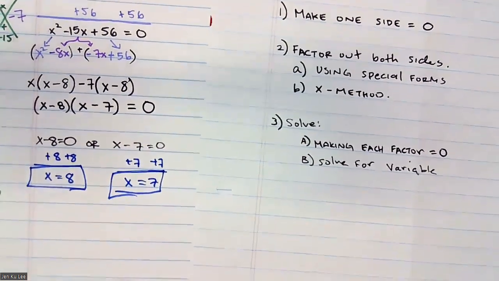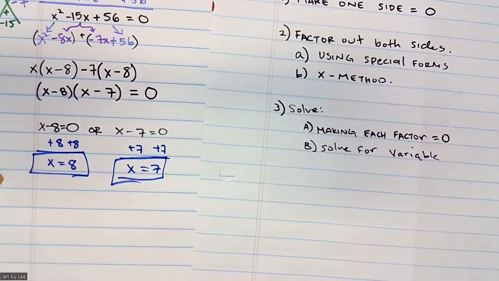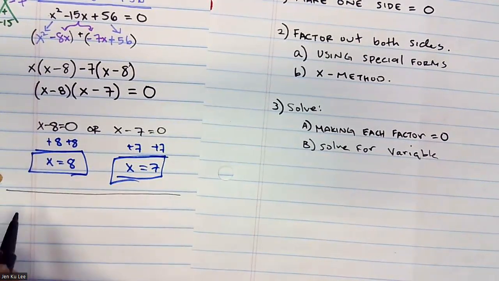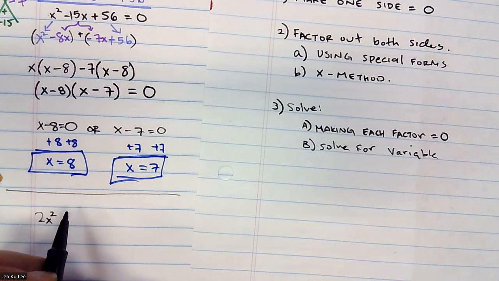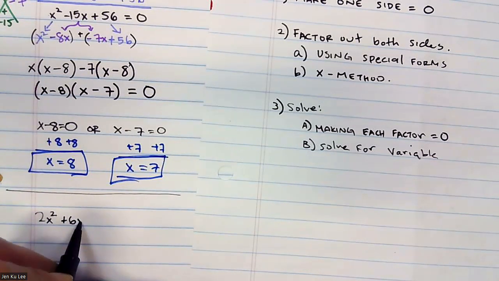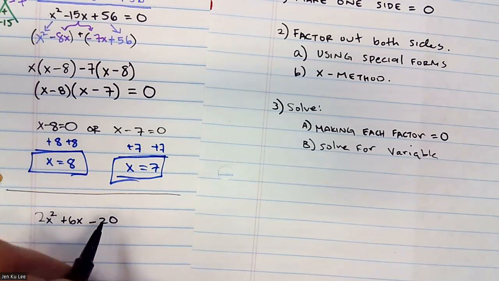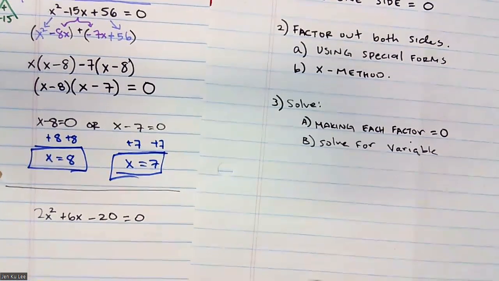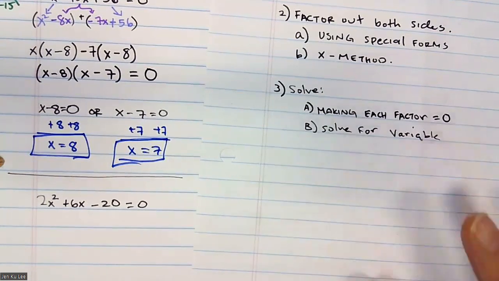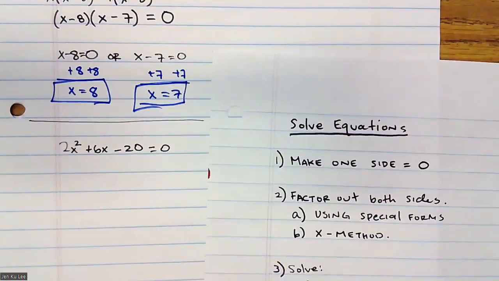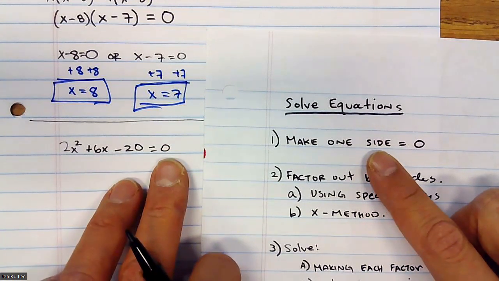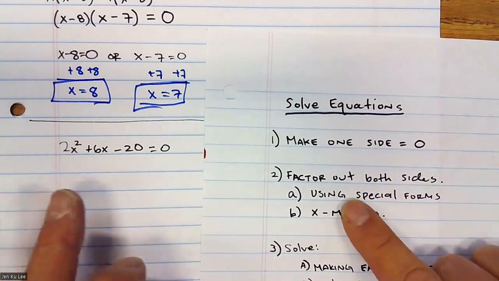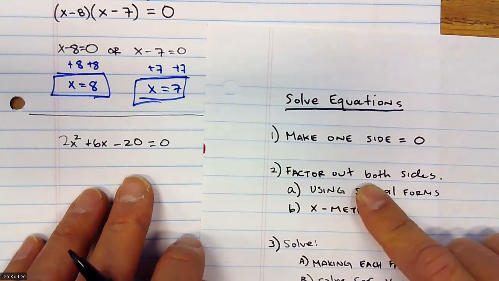Let's try another one. 2x squared plus 6x minus 20 equals 0. Okay? So we're going to make one side equal to 0, which it is already. So we're good. Second step is to factor out the other side.